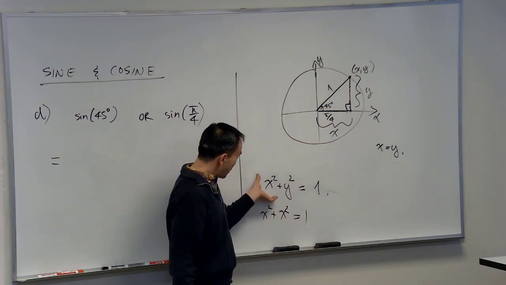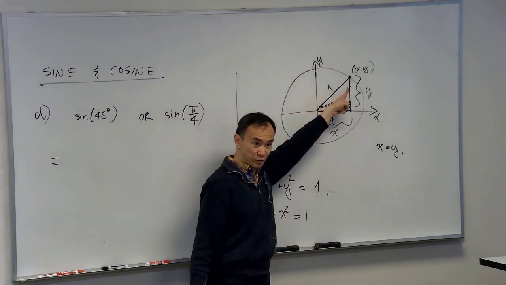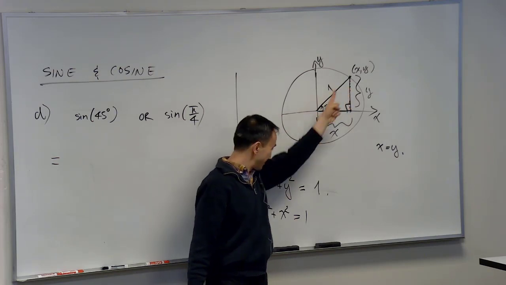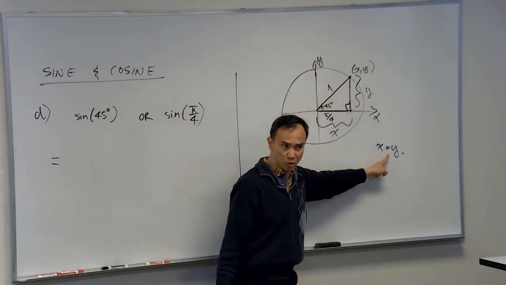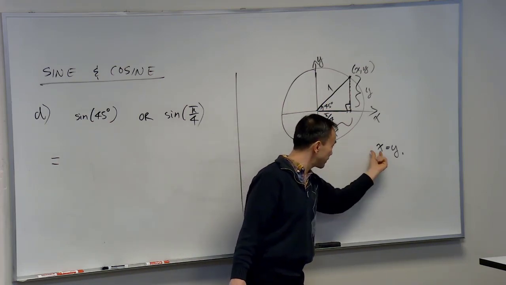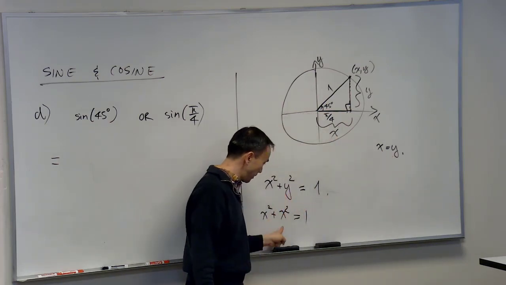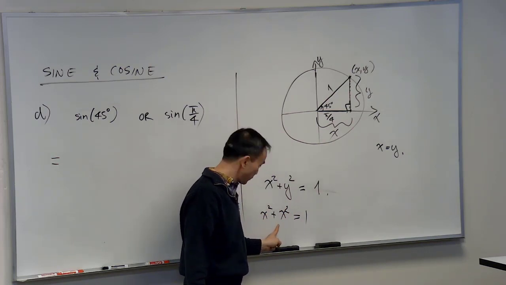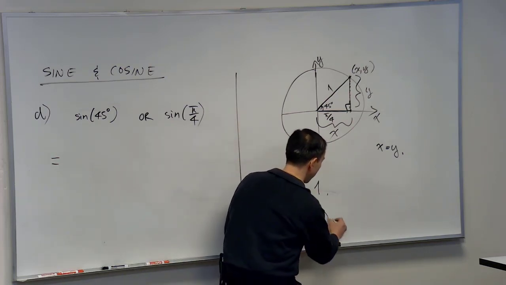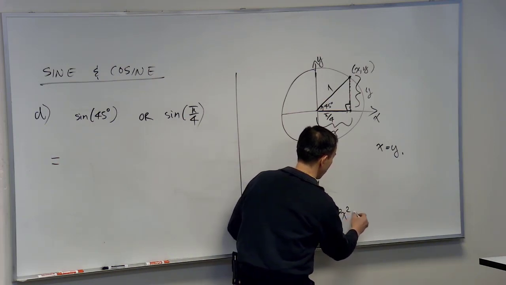We have that equation simply because our point is on the circle of radius 1, center at 0, 0. But now further we knew that x equals y, so I substituted x for y. That's why I produce x squared plus x squared. So that equation becomes 2x squared equals 1.